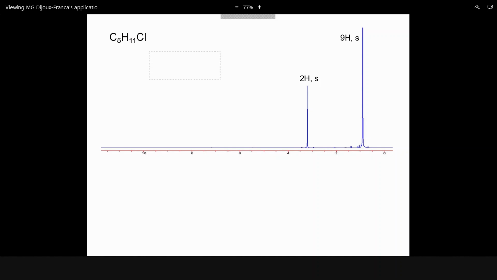First of all, we can consider this one doesn't have any double bond or ring. So first we have the chlorine atom connected to a carbon.